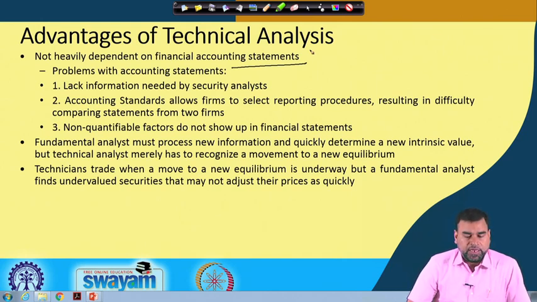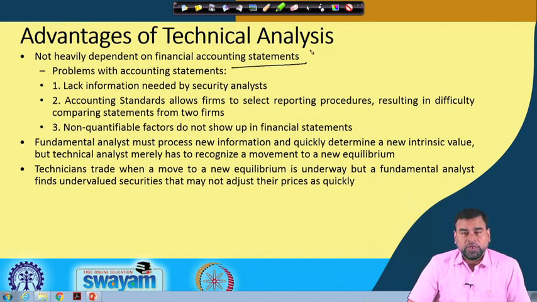Because whenever we analyze accounting data, there are certain problems we always face. Sometimes the information we need may not be available, and accounting standards, be it Indian accounting standards or American accounting standards, allow firms to select reporting procedures, resulting in difficulty comparing statements from two firms.